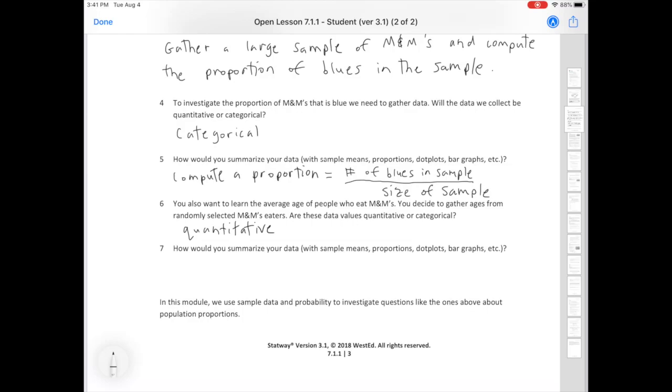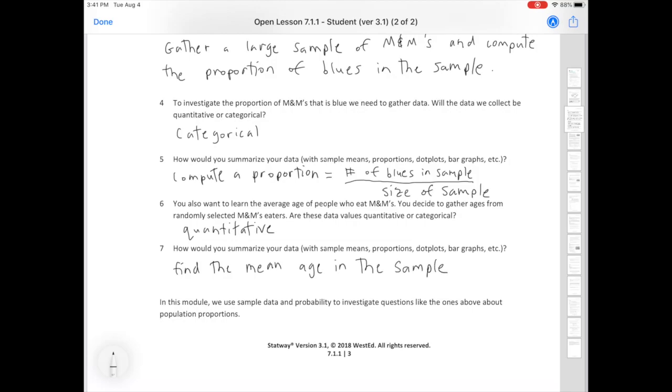How would you summarize this data? Well, let's say that you got a bunch of people and you calculated all of their ages and you wanted to figure out the average age. We would just find the average. So we could say, find the mean age in the sample.